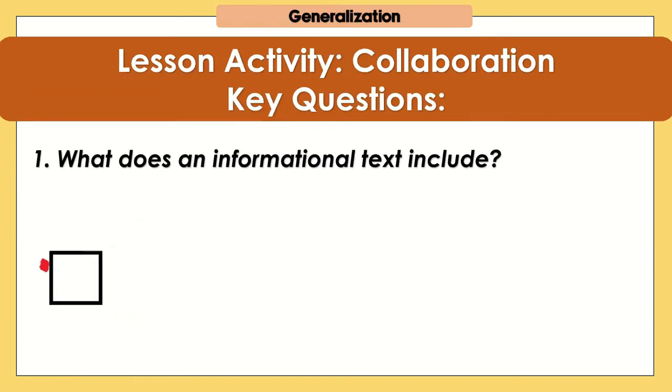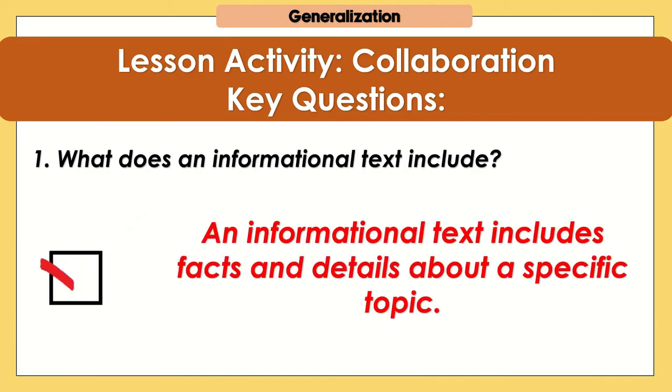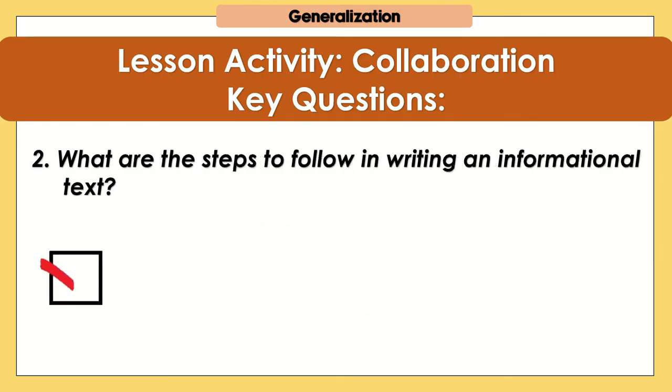For the generalization, what does an informational text include? You're right, an informational text includes facts and details about a specific topic. What are the steps to follow in writing an informational text?